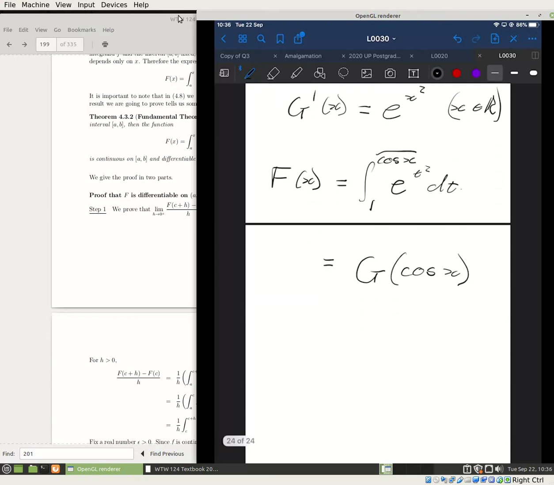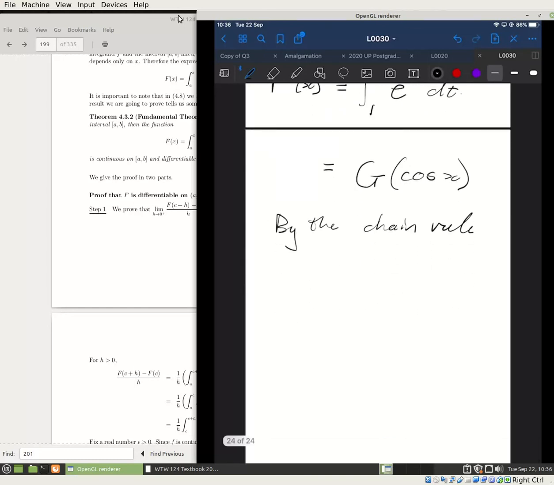Okay, and now by the chain rule, we apply the chain rule to this function.